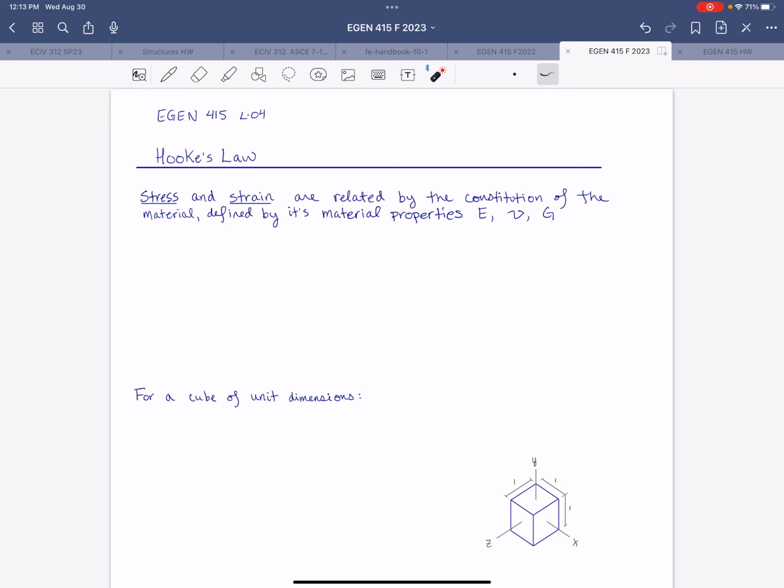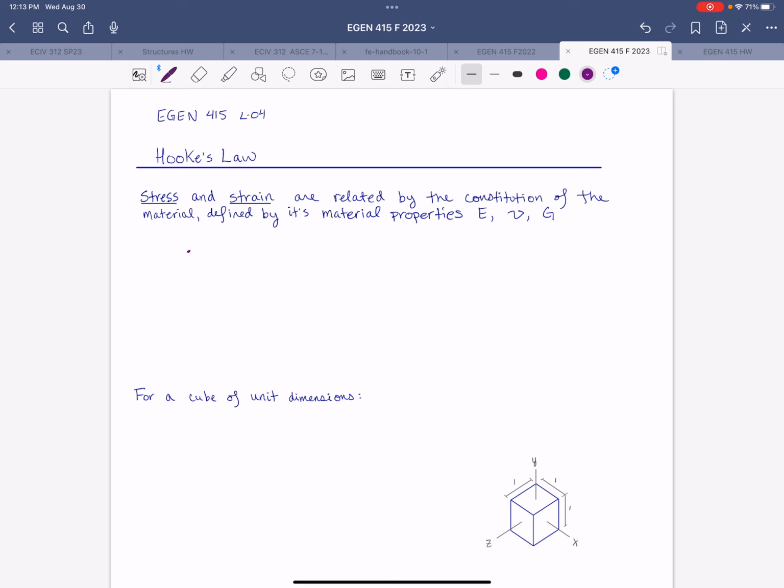In mechanics of materials, you mainly dealt with isotropic materials, probably exclusively. In this class, we'll look at isotropic materials again, but we'll also show you how to deal with orthotropic materials. But we won't do orthotropic until Friday.